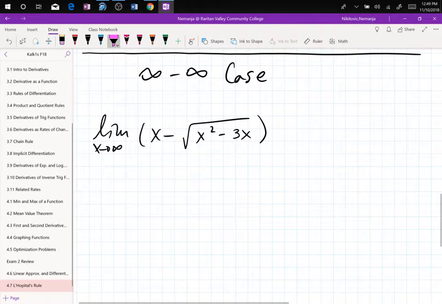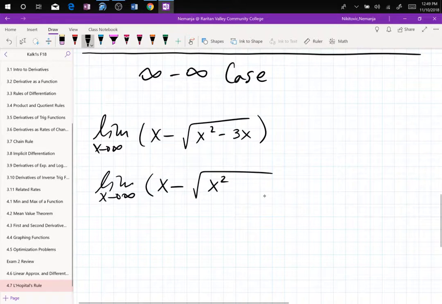What do I need? I clearly need an x over here so that I can factor it out with the other x. If I need an x there, then it has to come from within the root. So we need x squared under the root so it can escape as x. So the first thing is to factor x squared inside, and that's going to be 1 minus 3 over x.